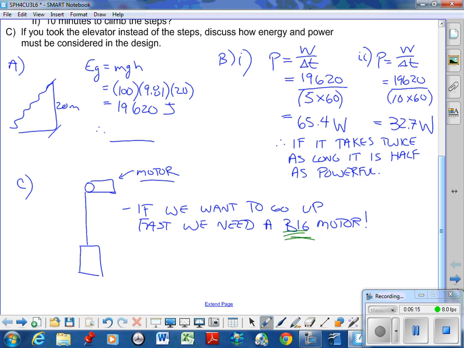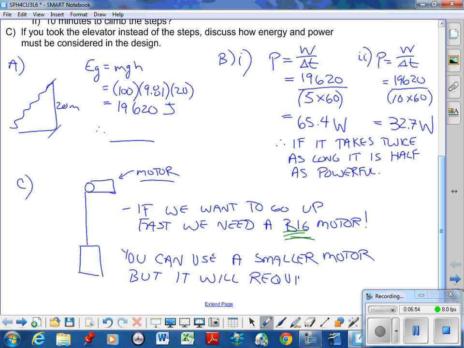All right? It's all about the speed in terms of the motor. A motor is in horsepower. Most of you will be more comfortable knowing how many horsepower, but the equivalent is in kilowatts, which is the metric. It's the equivalent to horsepower, which is imperial. The faster you want to do something, more horsepower you need. So you can use a smaller motor, but it will require a slower lift time.